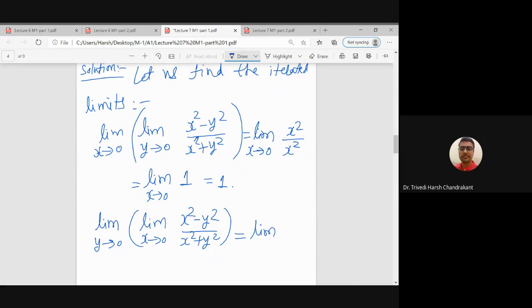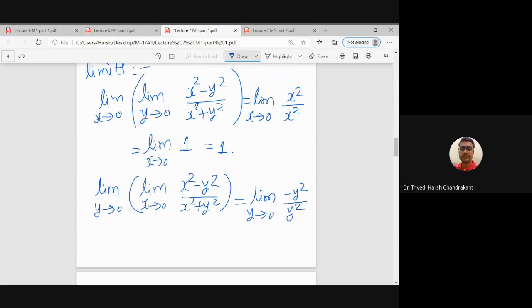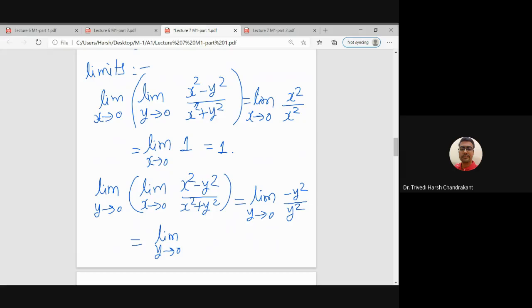So the limit of the bracket will become, now x tends to 0. If in the function we substitute x equals 0, it will become minus y square divided by y square. And then again here also, as y approaches 0, we have the limit of minus 1, and that is nothing but minus 1.